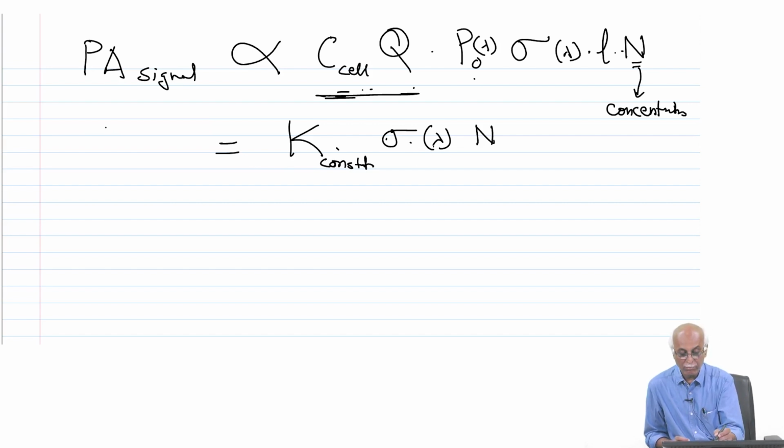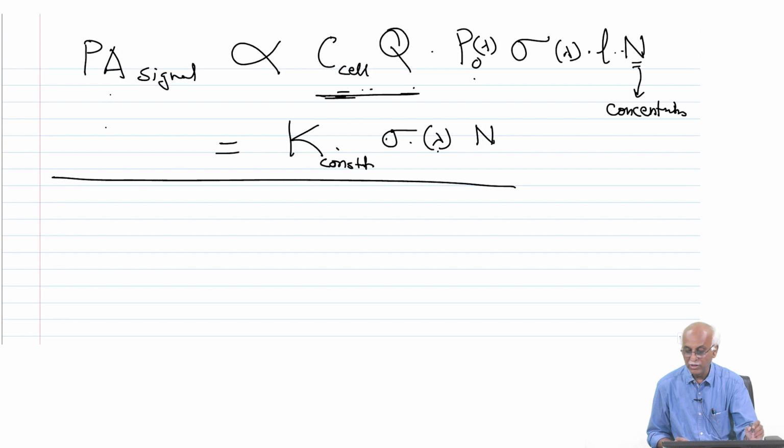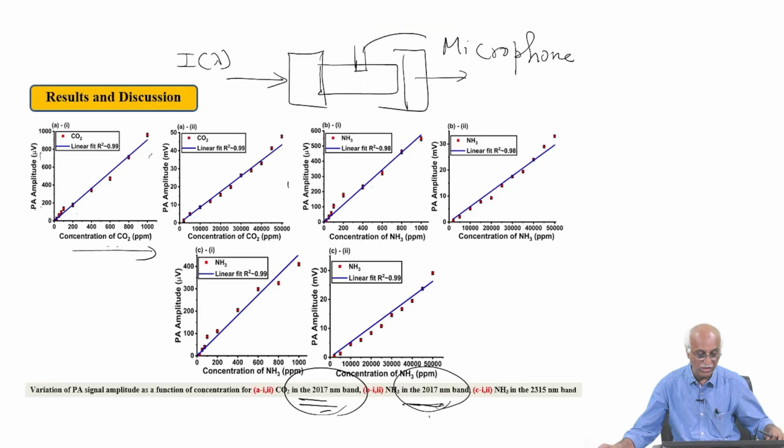For each particular wavelength, sigma for the corresponding molecules will be known to us. So concentration can be estimated for each individual. It is a very simple approach to capture this information about concentration change. That is what we wanted to show.